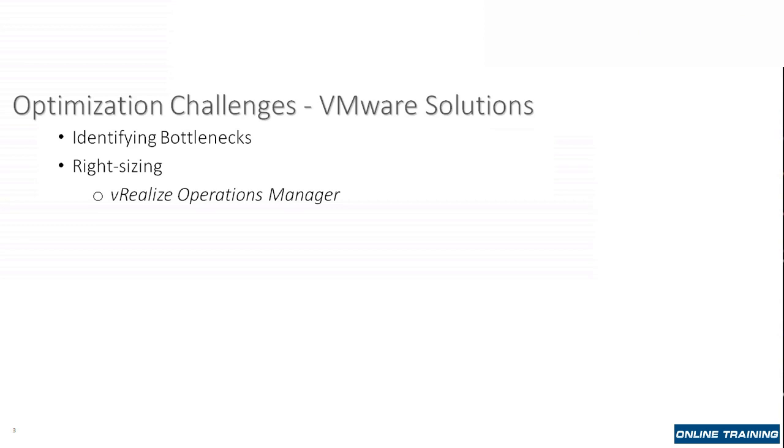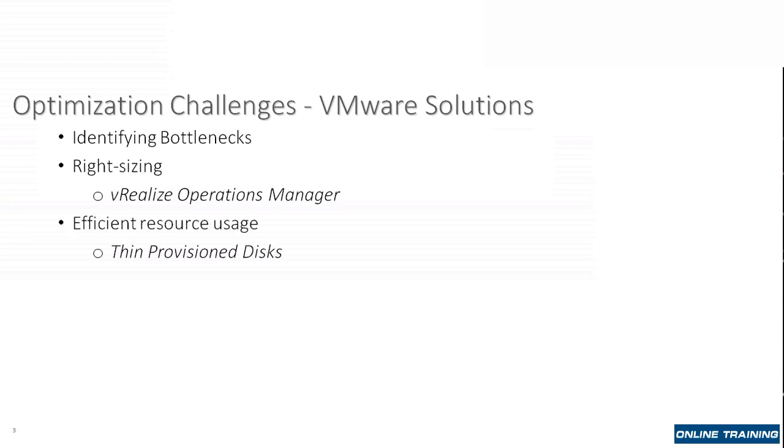Then it presents you a very simple dashboard that you can use to quickly identify which virtual machines have been improperly sized. Are there efficiency changes that we can make to make our environment run better? That's the purpose of vRealize Operations Manager.